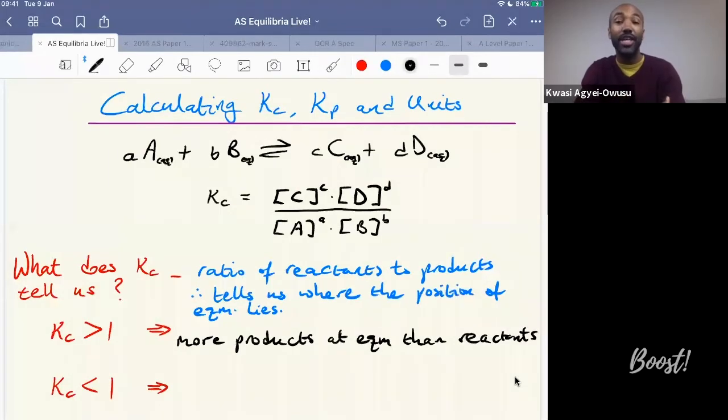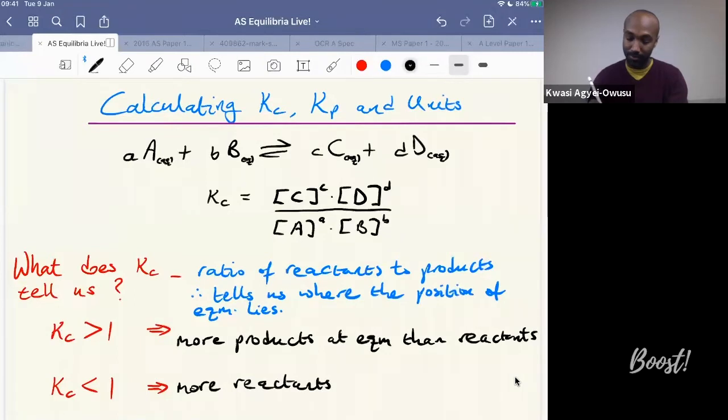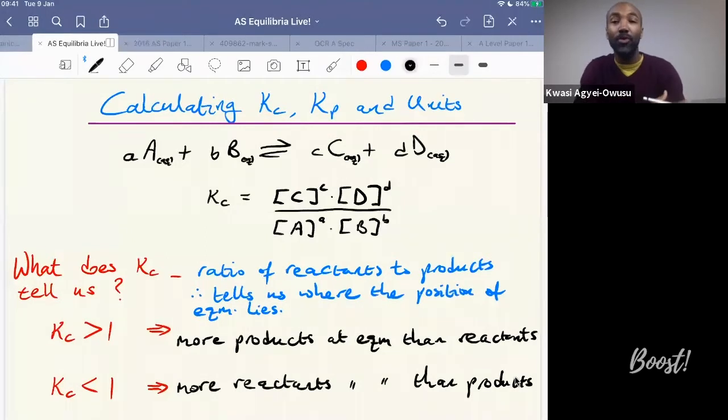Conversely, if Kc is less than 1, it means that you've got more reactants present at equilibrium than products. So it's very important to note the magnitude of your value of Kc, because it's telling you where the equilibrium lies for a particular reaction.